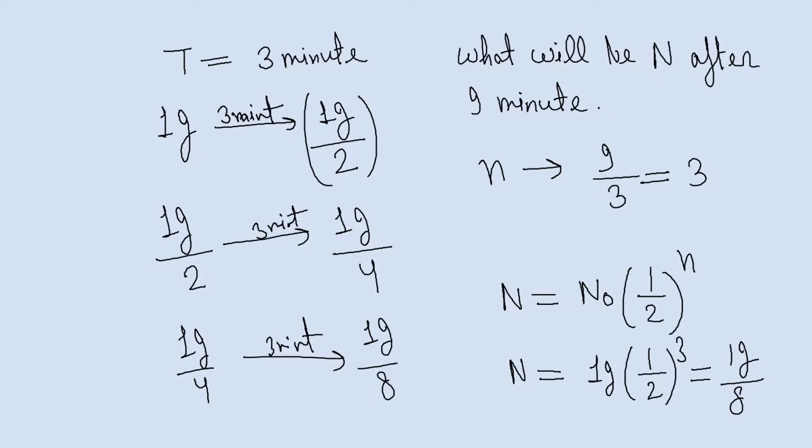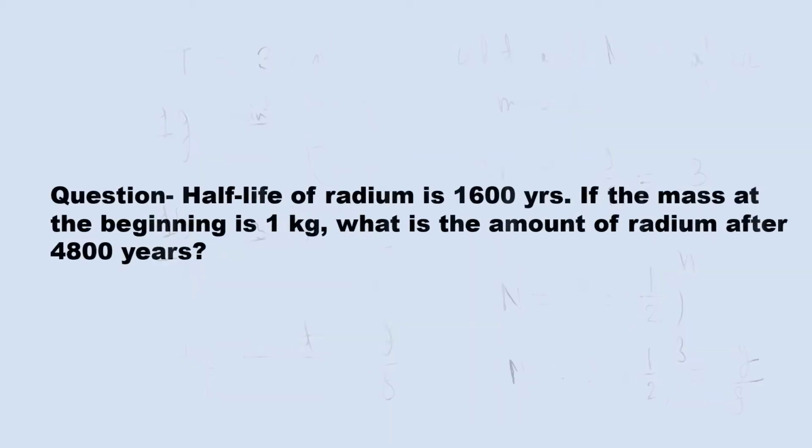Now we'll do the next question. This question is very similar to the previous question. Half-life is given to you, initial mass is given to you, which is 1 kilogram, and then it asks what fraction will be remaining after 4,800 years.